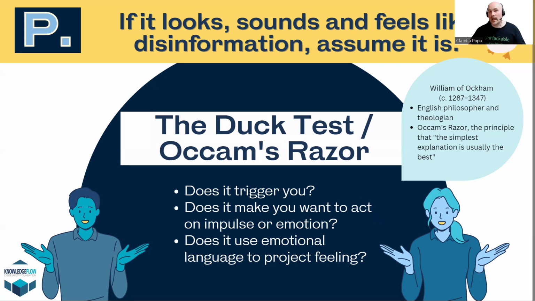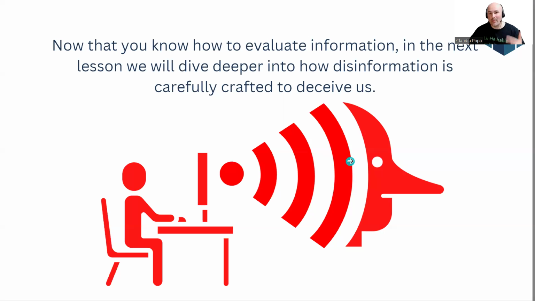And if you're truly unhackable, you're part of a select group of people who have those critical thinking abilities that can help other people. So it's important to remember that, right? So you're now able to evaluate information, and we can then talk about how disinformation is carefully tuned just to deceive us.